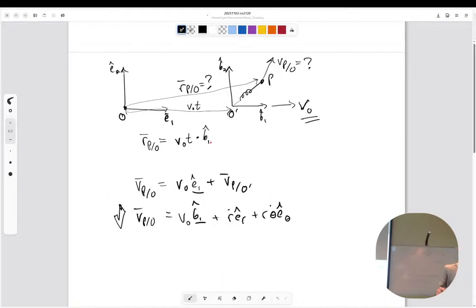And we could call it V0t plus whatever initial position it was, but we're assuming O and O prime are the same at t equals 0. And then add this vector that we already had: V0t B1 plus that R ER. Cool.